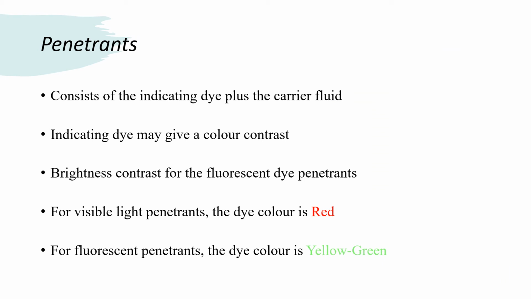The penetrant material consists of the indicating dye plus the carrier fluid. The indicating dye may give a color contrast with respect to the surroundings, as is the case for the visible dye penetration method, or a brightness contrast for the fluorescent dye penetrant.